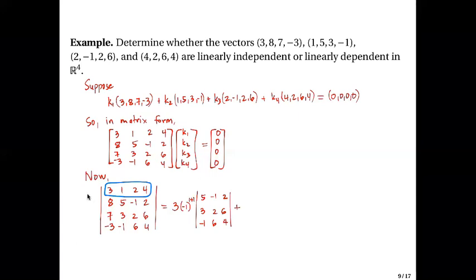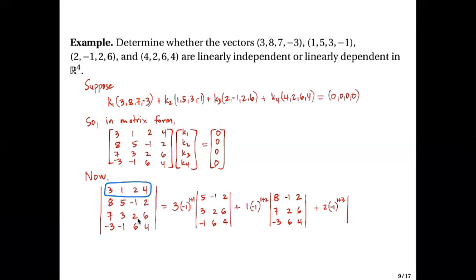Plus, for the second entry, you have 1 times negative 1 raised to 1 plus 2. I hope you still remember this cofactor expansion. So negative, the submatrix 8, negative 1, 2; 7, 2, 6; negative 3, 6, 4.